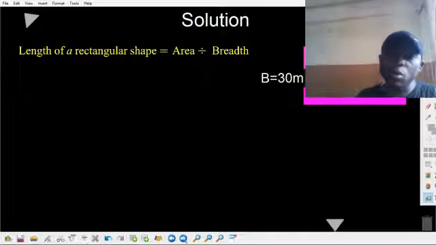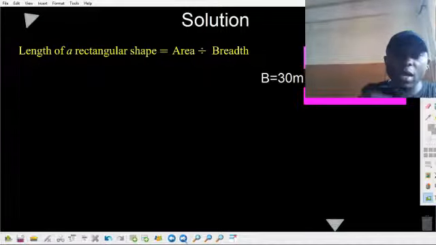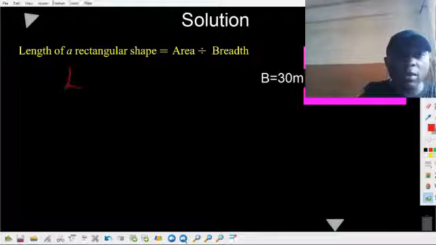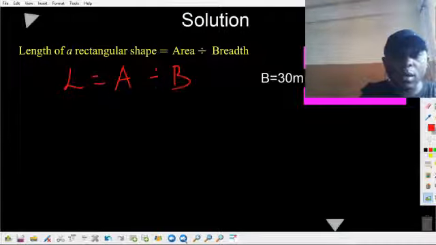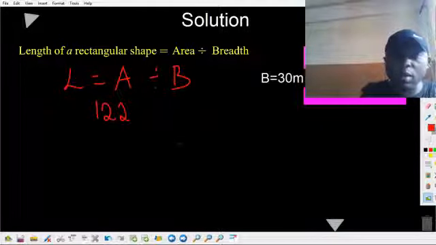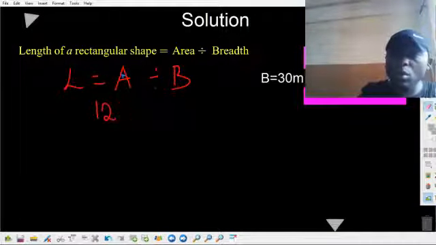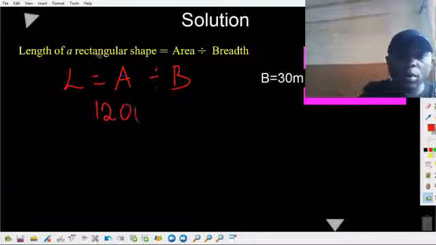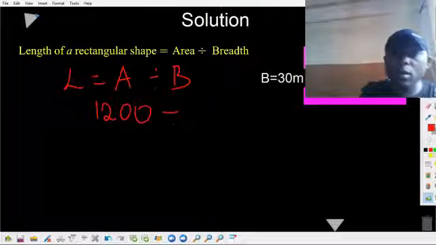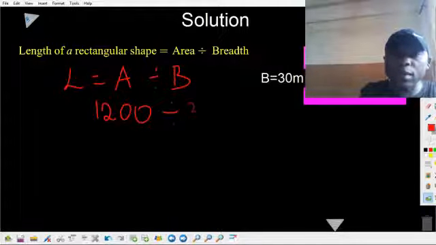So L, being the length, is equal to A divided by B. A is equal to 1,200 meter divided by 30.